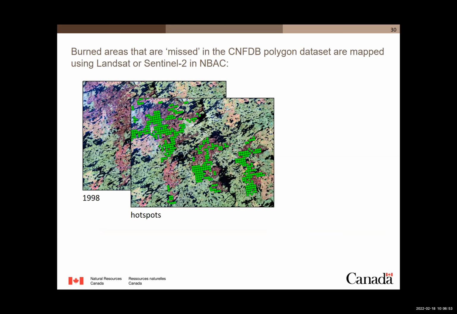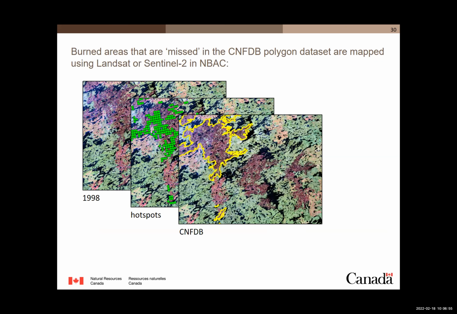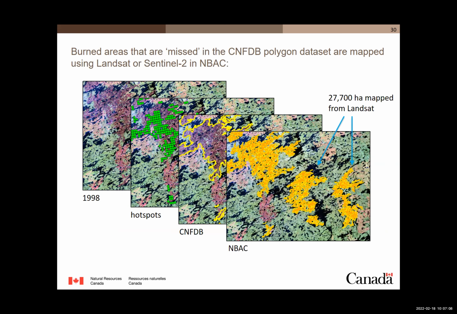And now when we overlay the CNFDB data, we see that some of the fires were mapped, but not all of them. So in NBAC, what we want to do is take that image that you see here and we map it. And now we've captured the full area that had burned. And in doing so, we've now mapped close to 28,000 hectares that was not previously captured by the agencies.